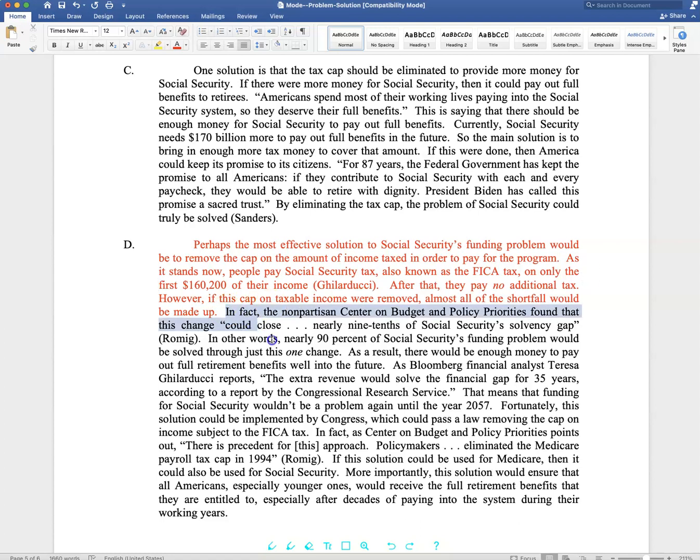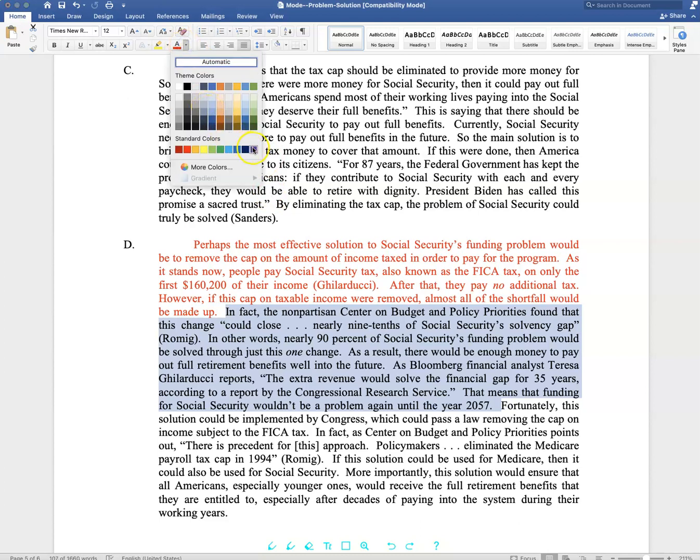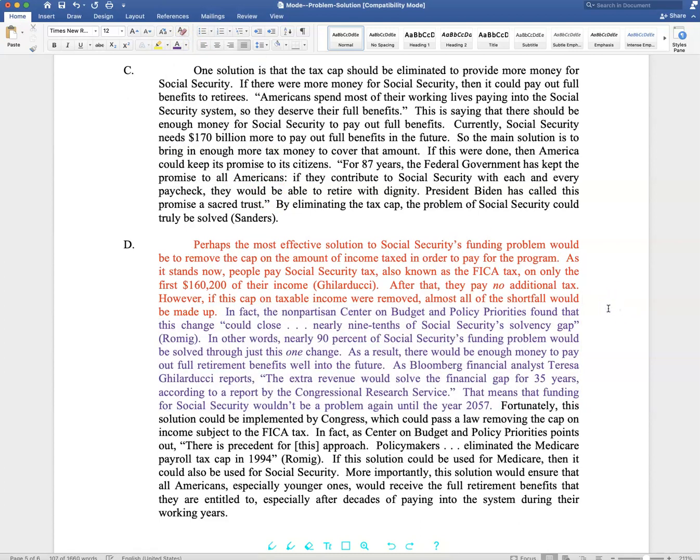And then we have a good discussion of why it would be feasible. This section of the paragraph is the feasibility. It really explains here's why it would work. It's relying on quotes and statistics cited from experts that show that if we remove this cap, there would be enough money to close almost all of the shortfall and keep the funding going until 2057.